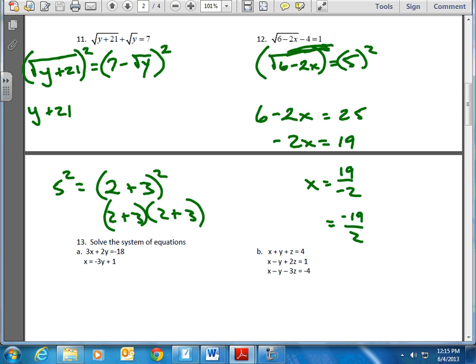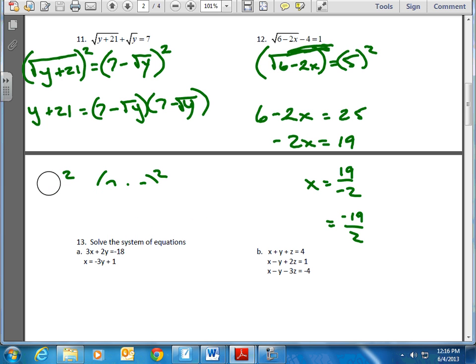This one's easy because what I get inside is simply a single number and I can multiply 5 times 5. This top is not as easy because I can't combine the square root of y and 7. Can't put those together. So I have to go back to multiplying two factors together, and I do our FOIL technique.